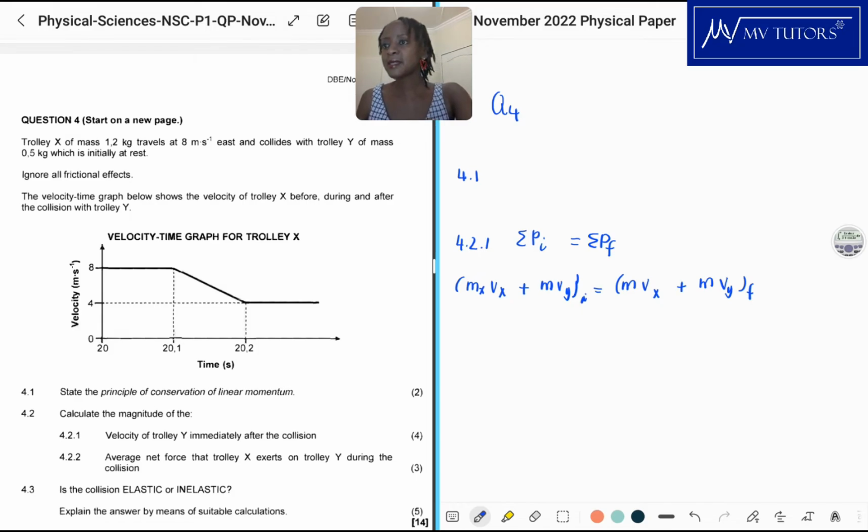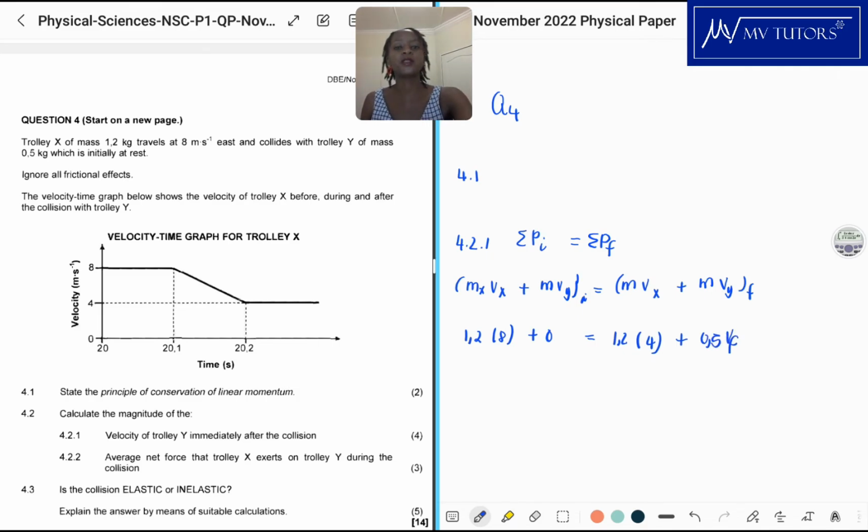So we know the mass of X is 1,2 and the mass of Y is 0,5. So 1,2 and the velocity initially was 8. Here we know that this term is 0 because the velocity of Y was 0 initially. Now at the end, we still have the mass of 1,2. The velocity there was 4, so it was halved. And then we are looking for the final velocity of trolley Y, so we have 0,5 and the final velocity.